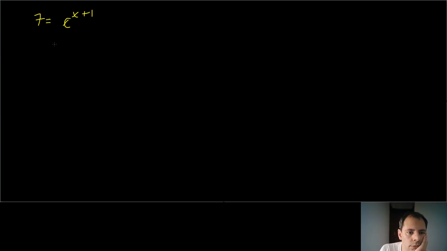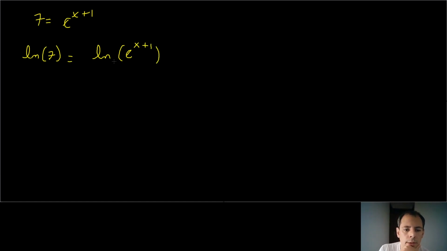Well, what you can do is take the ln of both sides. So you have the ln of 7 equals the ln of e to the x plus 1.